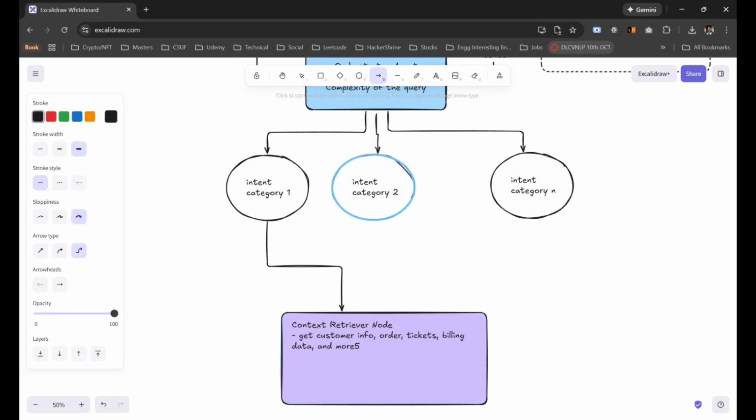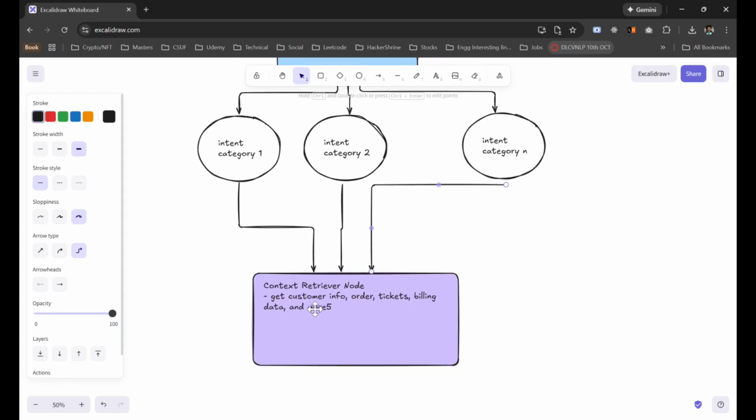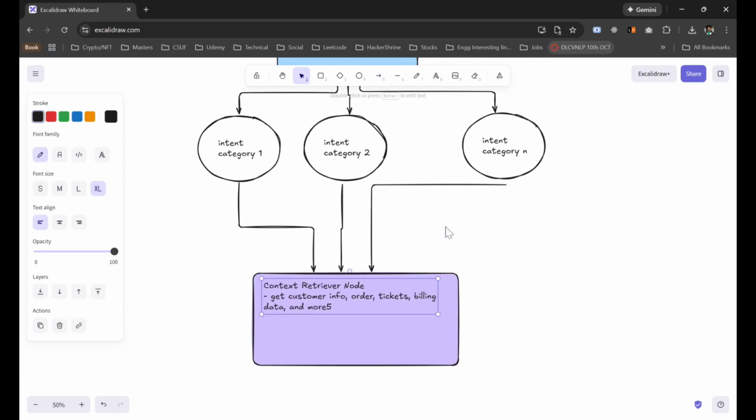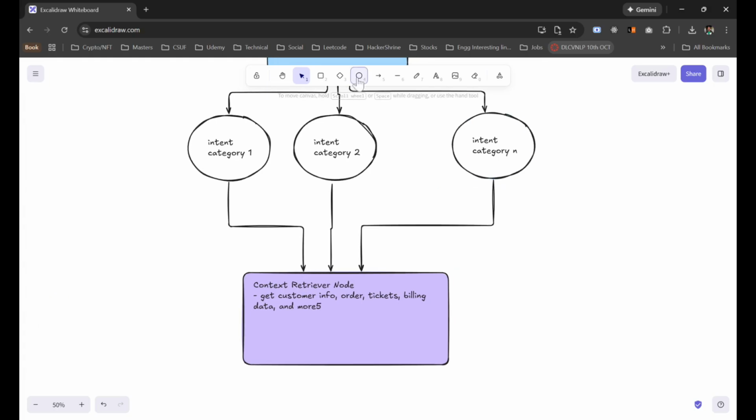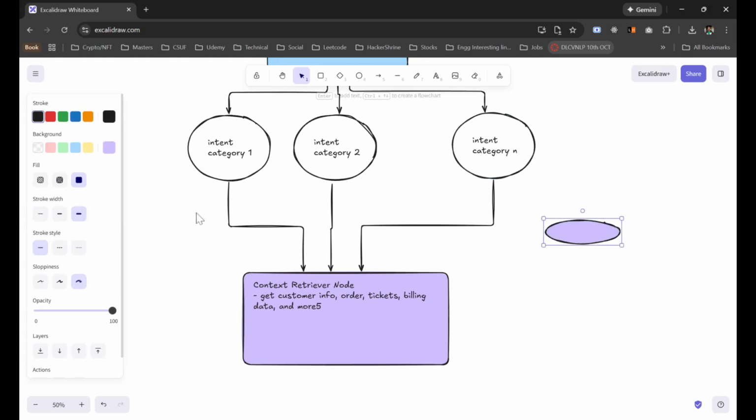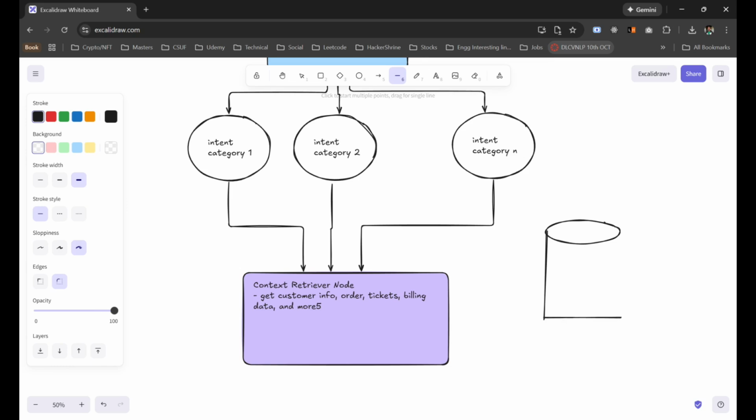Okay, so let's say it goes from here, it comes here, so whichever it comes over here. Okay, and how do we get all this data? This data is stored in your enterprise databases, right? So you would have a database over here, something like this.